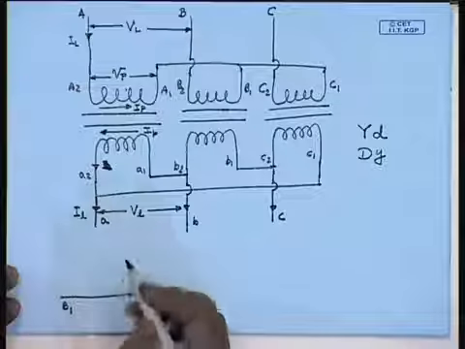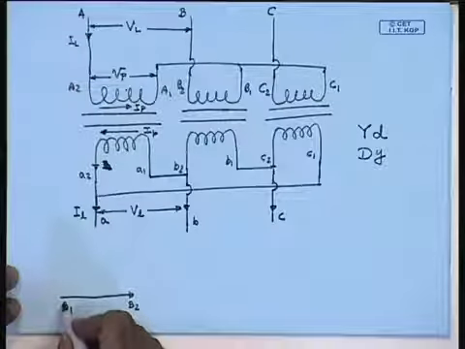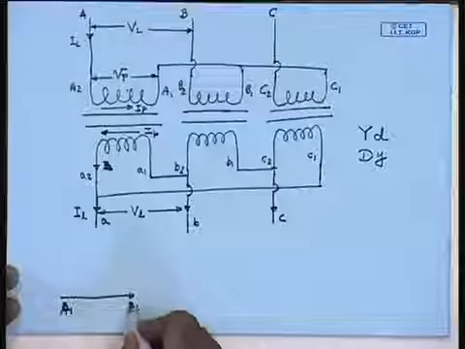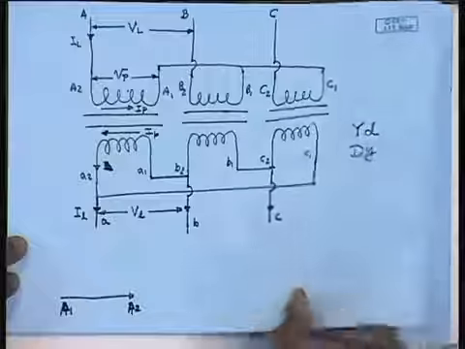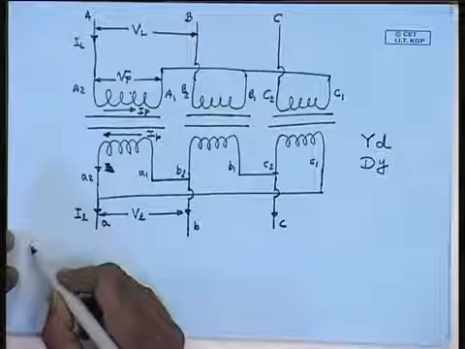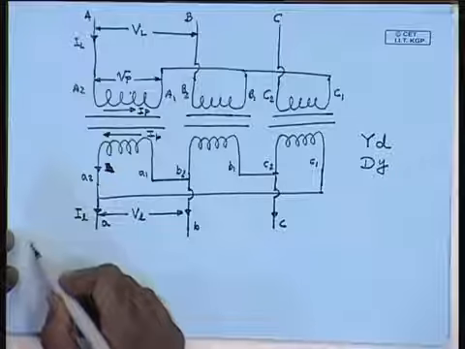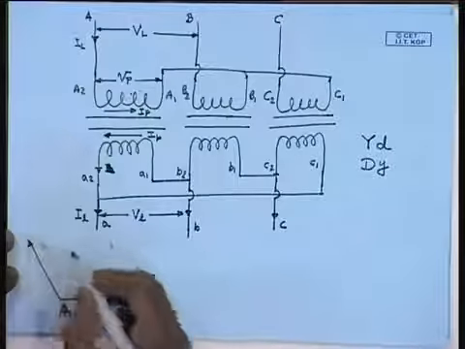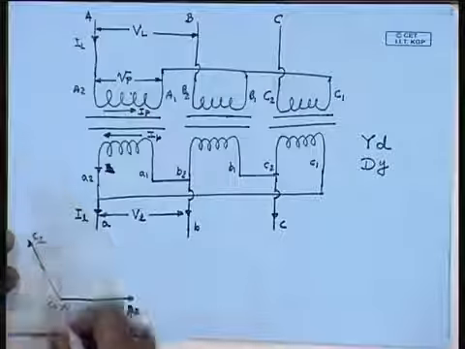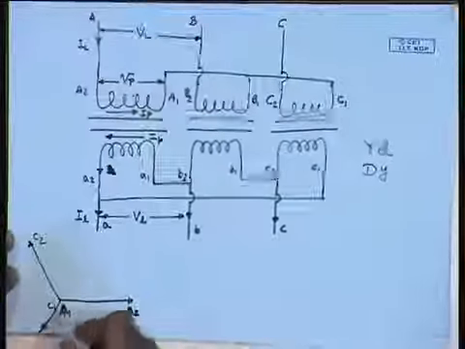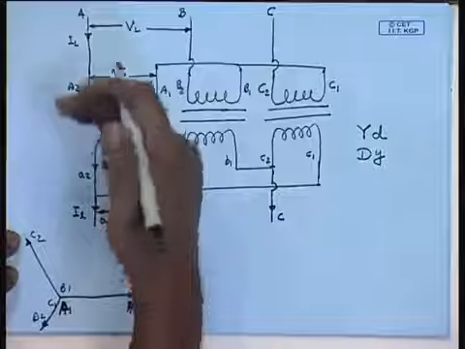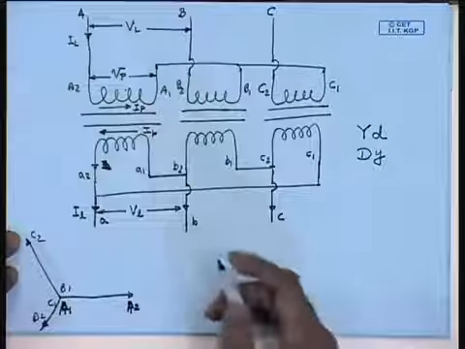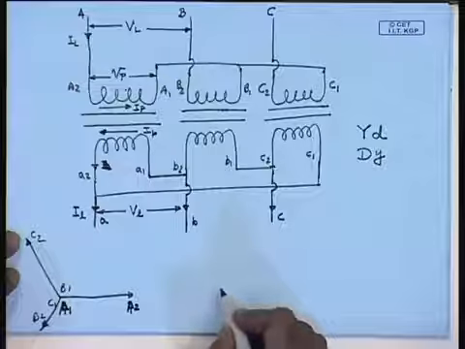Okay, let us call it A1 A2. This is the phasor C1 C2 and this side is the phasor B1 B2. So, the corresponding winding voltages will be in phase.